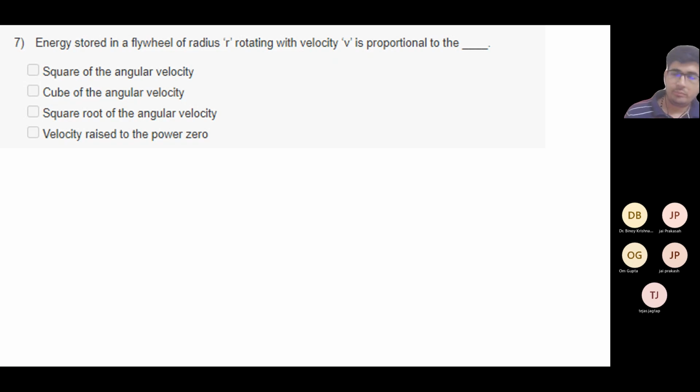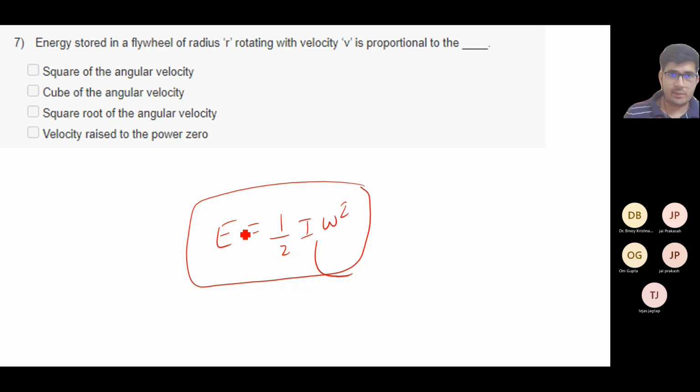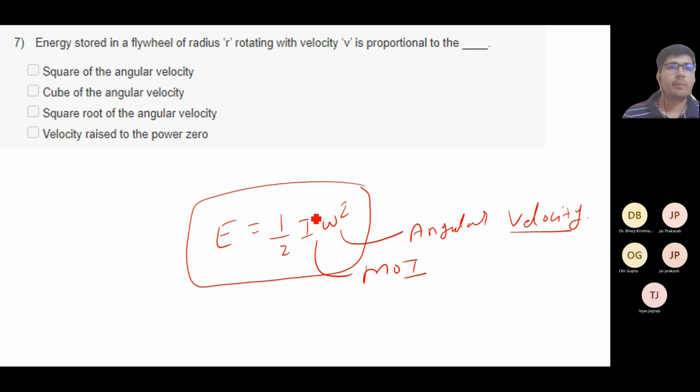As we know, the flywheel energy is considered as half I omega square. I is the moment of inertia and omega is the angular velocity. So the question is energy stored in the flywheel of radius r rotating with velocity v is proportional to the square of angular velocity.